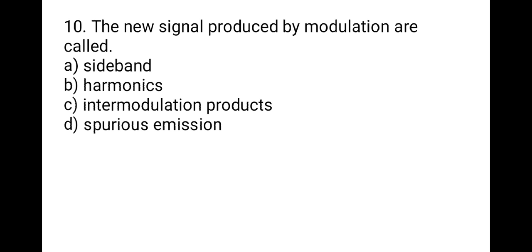We know that when a carrier signal is modulated by an information signal, new frequencies are generated, and these new frequencies are called sidebands. So the correct option is A, sideband.